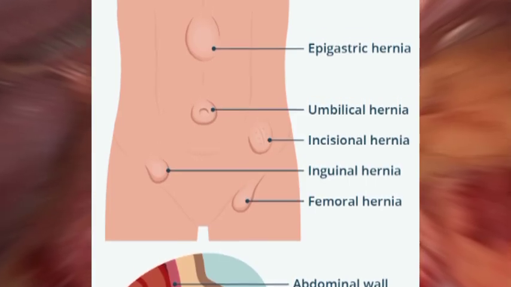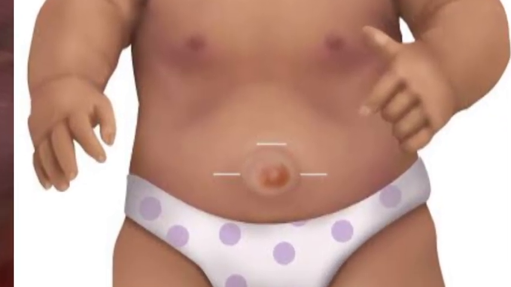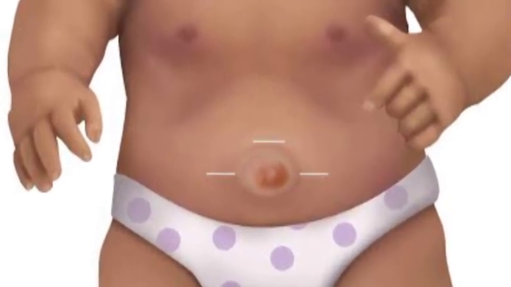Groin hernias can present either in childhood, where it's congenital, which simply means a defect in a muscle that we are born with, or as we get a bit older. We can develop the weakness in the abdominal wall, presenting in our 20s, 30s, or beyond. The types of individuals that would be prone to hernias are several.